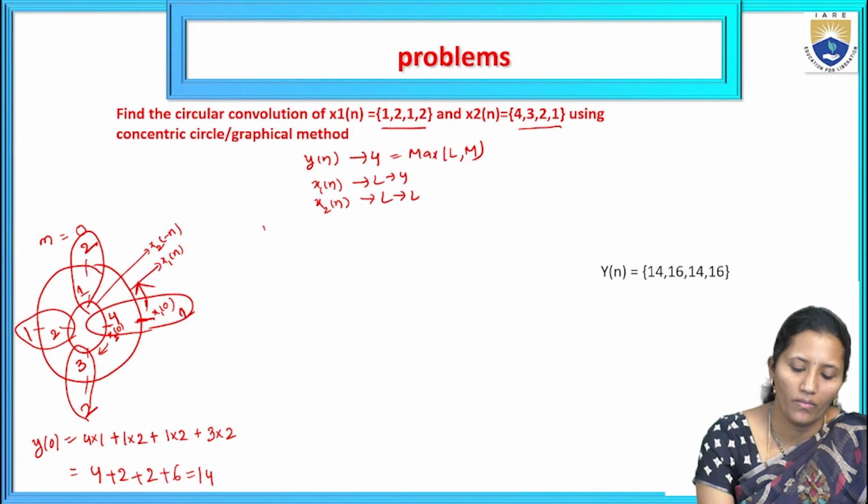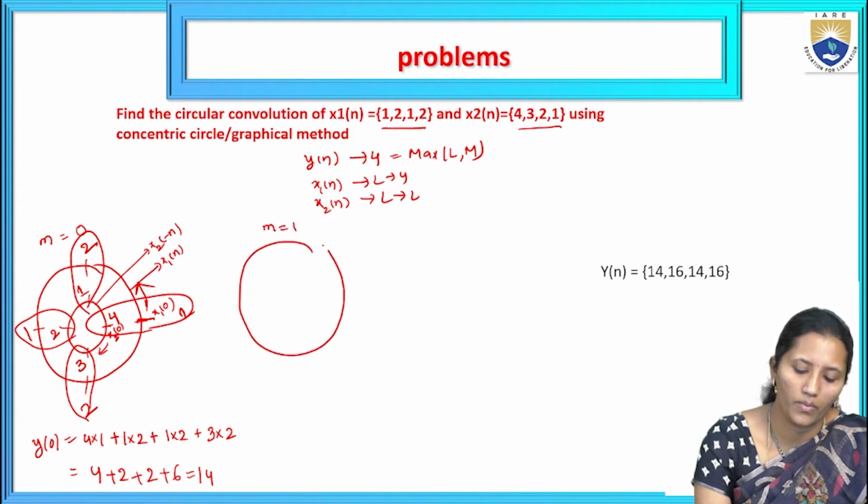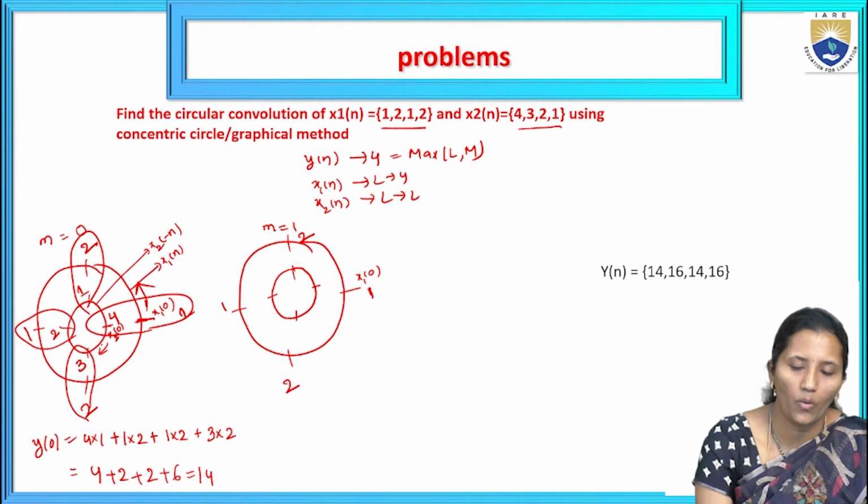For m equal to 1, same, we should not change the position of the sample values of x1 of n. 4 equally spaced points, here x1 of 0 is 1, 2, 1, 2. For the inner circle, whatever the x2 of minus n is, we should rotate by 1 sample.